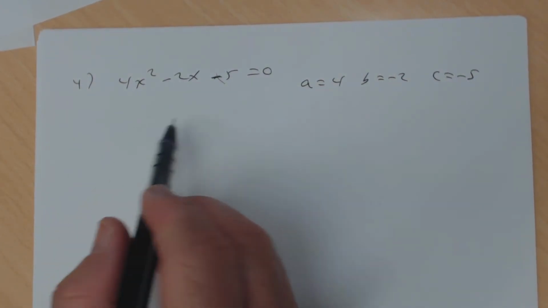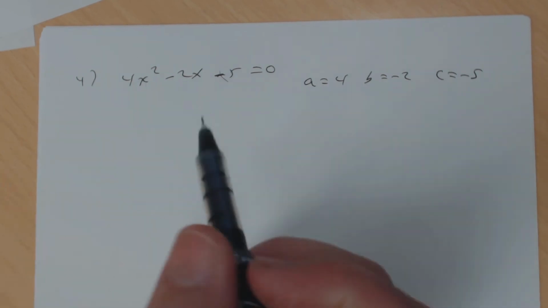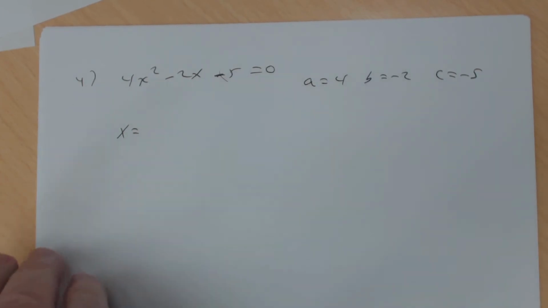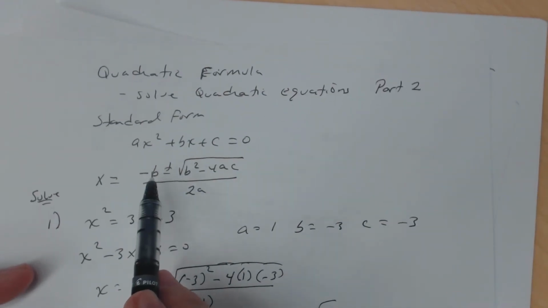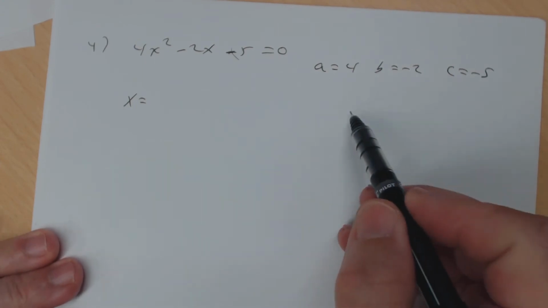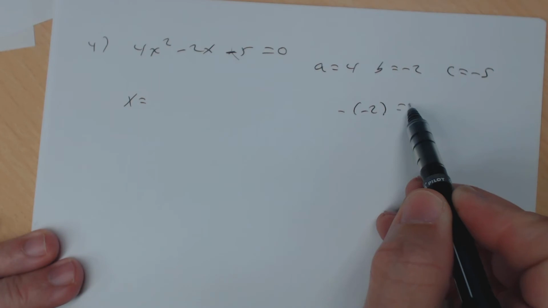Then we're going to plug these numbers into the formula. So I get x equals the opposite of b. Remember, the quadratic formula says the opposite of b. So if b is negative 2, the opposite of negative 2 is positive 2.